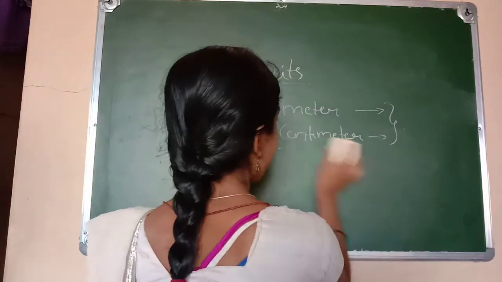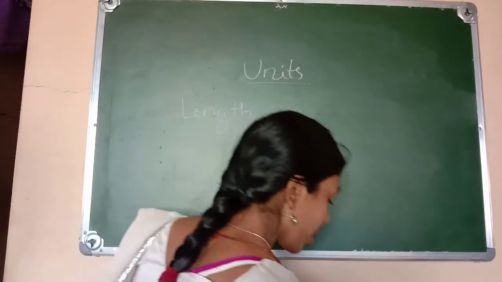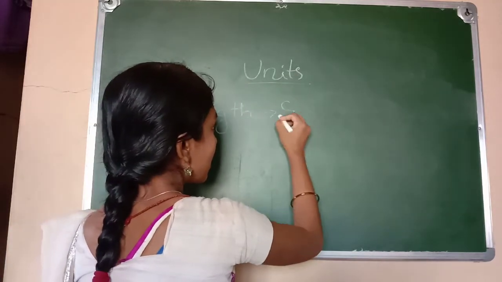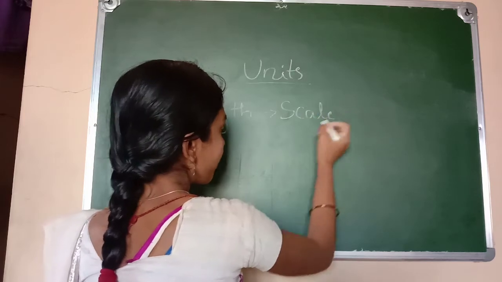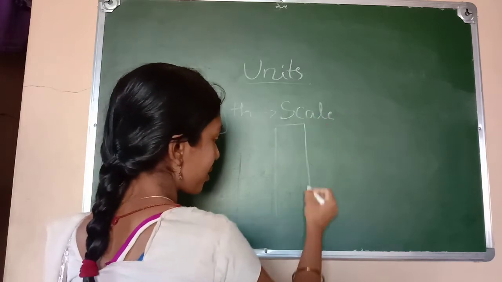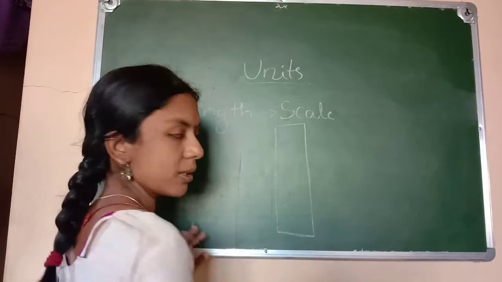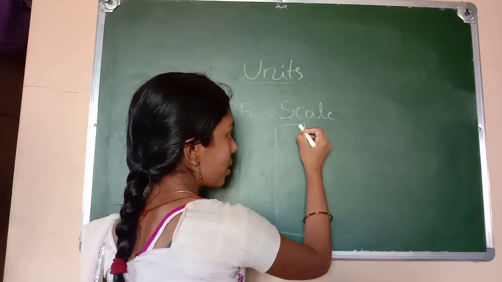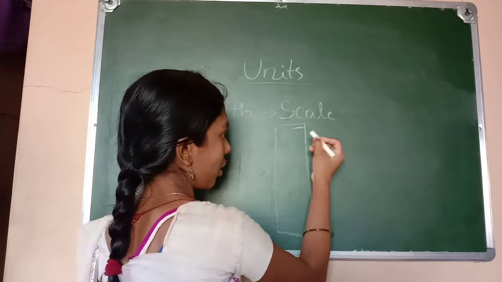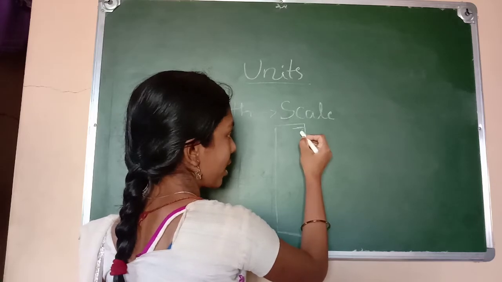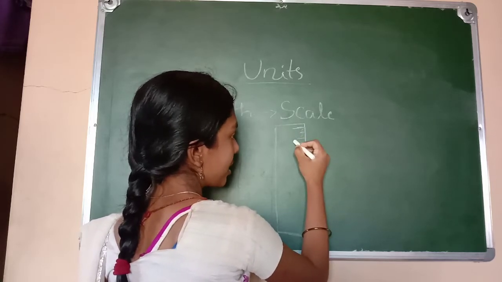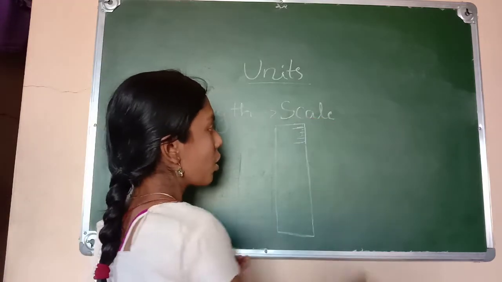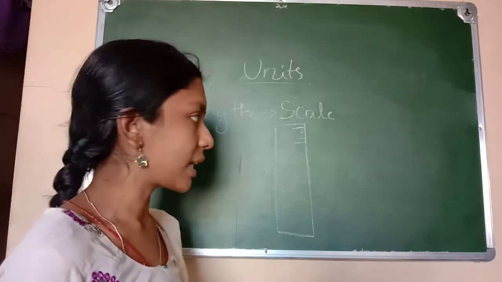If this is a measurement scale, for example, I know you would have observed the larger lines and the smaller lines, a little larger line and a smaller line. And they would also mention here what those units are, the inches or centimeters.